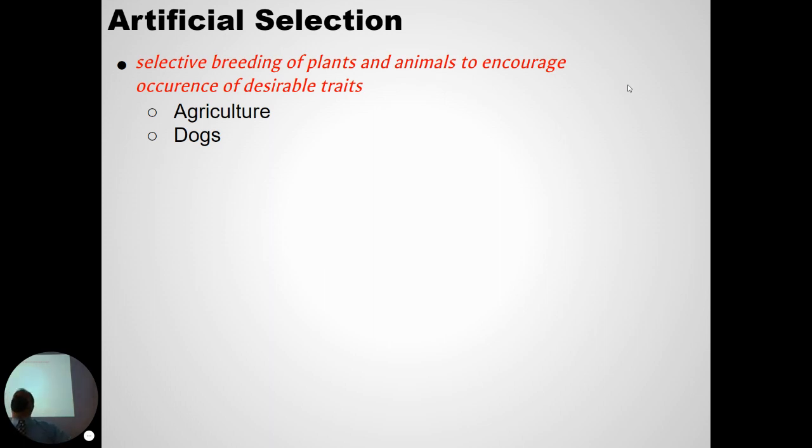So humans have used artificial selection in agriculture, for example, right? The plants and the animals that humans raise for agriculture, whether that's cows or chickens or corn or peas, all of those don't exist in those forms in nature, right?